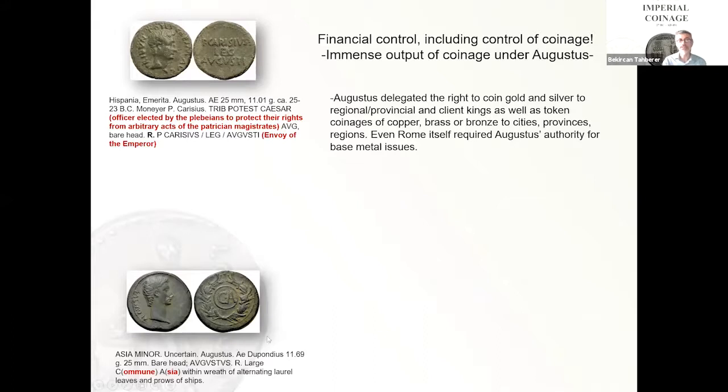So this simply suggests that it is a seaborne city. It's a city by the sea, and quite likely it is Ephesus, in my opinion, but again, there's no information about where exactly they were minted.